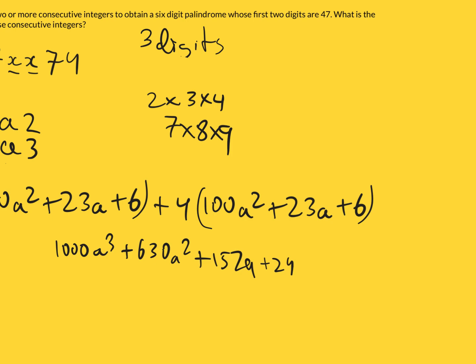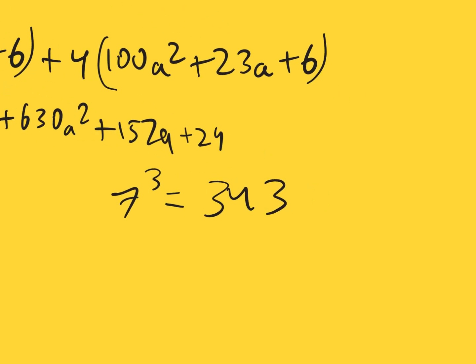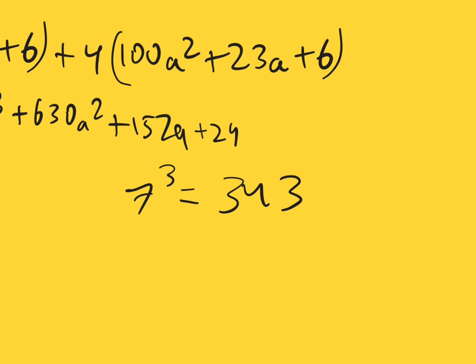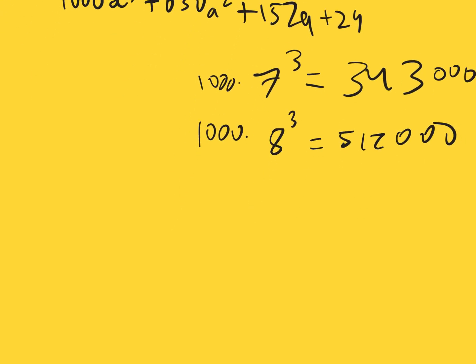Now, this is the important bit, right? What we see is we can try a equals 7 because we know that 7 cubed is equal to 343, which is, fun fact, the speed of sound in air. But that is not our interest here. If we input 7 cubed, we get around 343,000, which is still under the limit. However, if we input 8 cubed, then we get over the limit. Of course, if you times it by 1,000. Like so. So let's try 7.